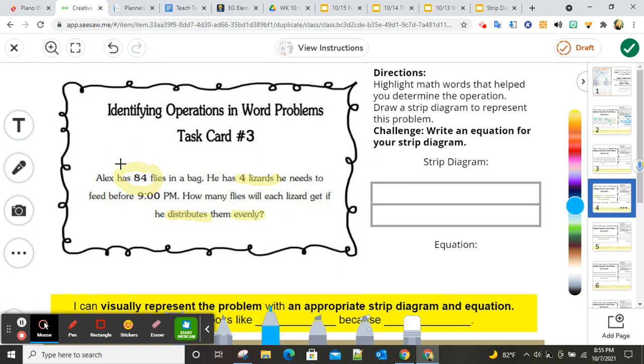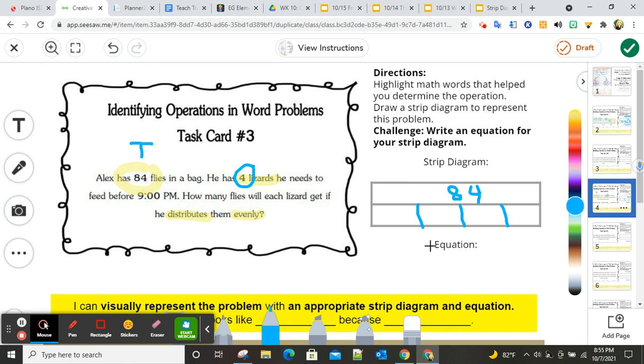So we know that 84, that's the total number, because we're not going to get any more flies. We're going to be separating the flies, not multiplying them or getting more flies. So I actually have a total on this problem. So I'm going to go ahead and write 84 in my total section. Now I have 4 lizards. So that means I have 4 equal parts. 1, 2, 3, 4.